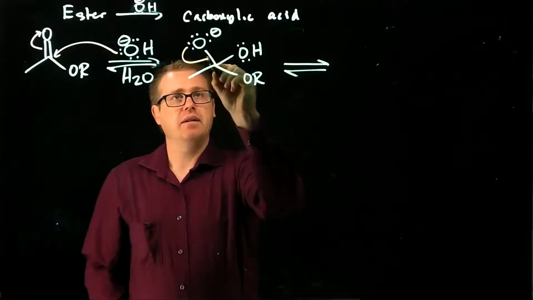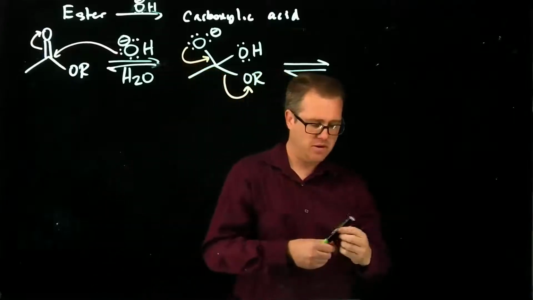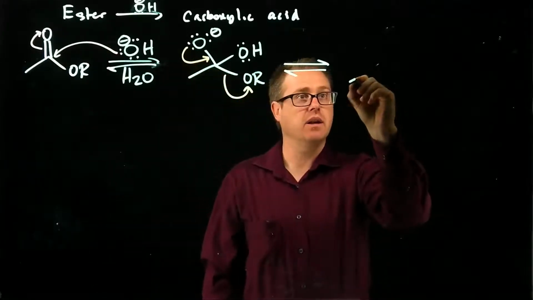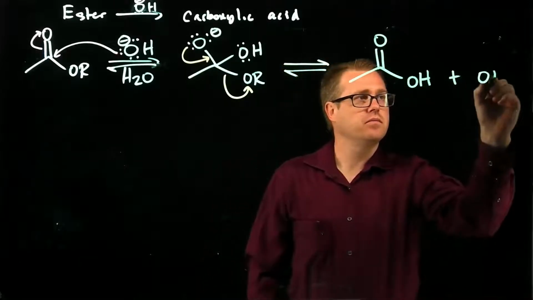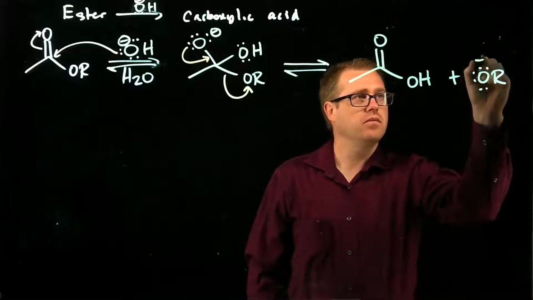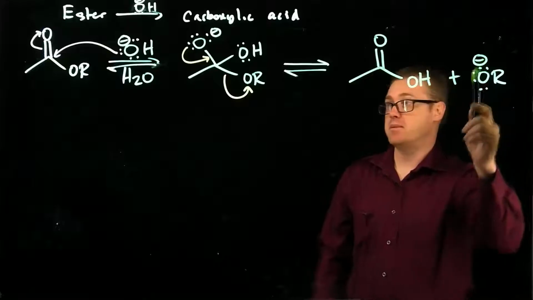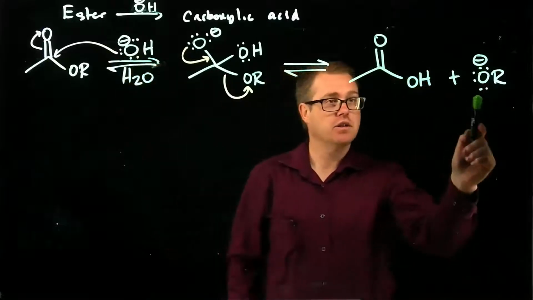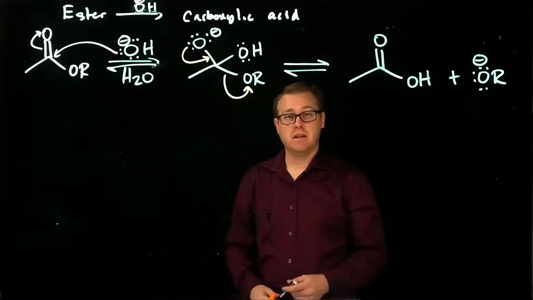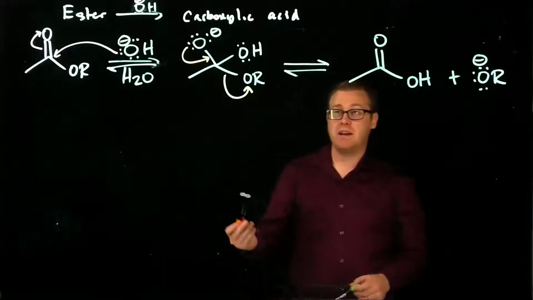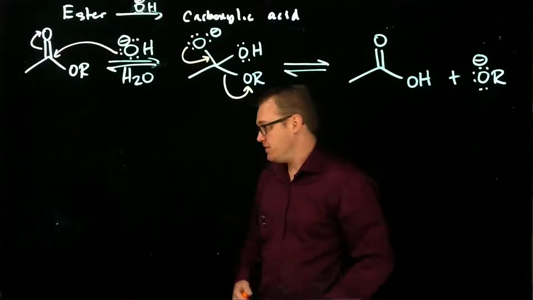We can take that and collapse it back down, and then this can leave. Why is that okay? Look, a negatively charged species, a basic species under basic conditions. So that is okay. And that would be a legitimate mechanism for converting an ester into a carboxylic acid under basic conditions.